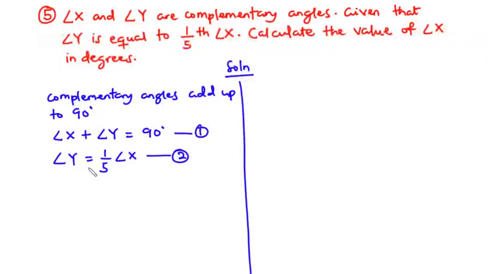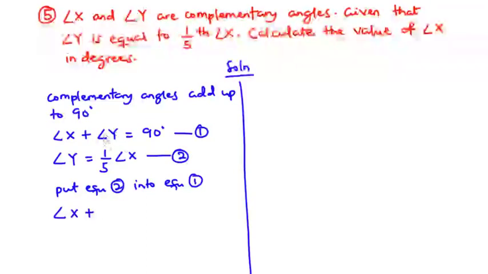Since we have angle y equals 1/5 of angle x for equation 2, we are going to substitute equation 2 into equation 1 to find angle x in degrees. So put equation 2 into equation 1. So we have angle x plus, now in place of angle y we have 1/5 of angle x, so 1/5 times angle x equals 90 degrees.